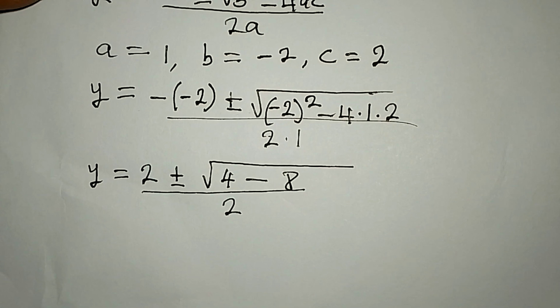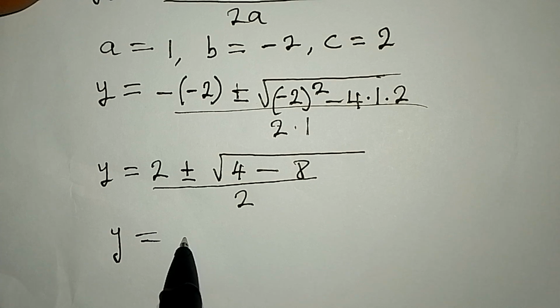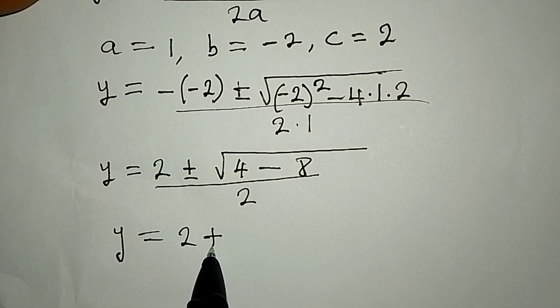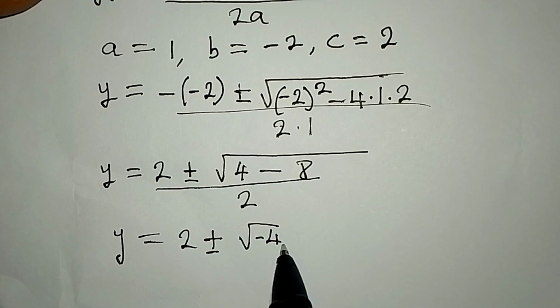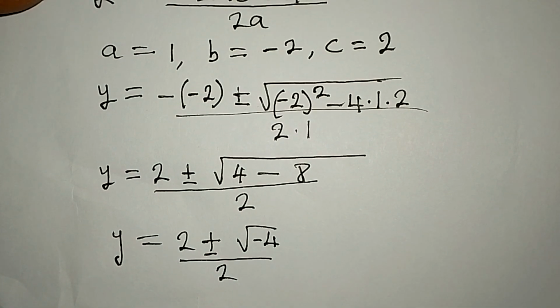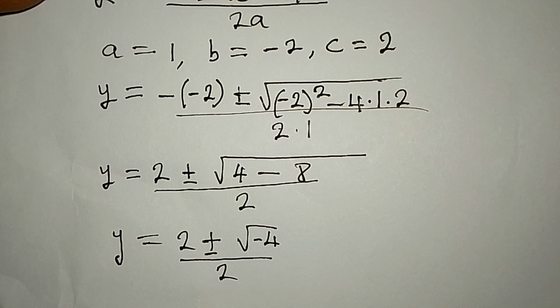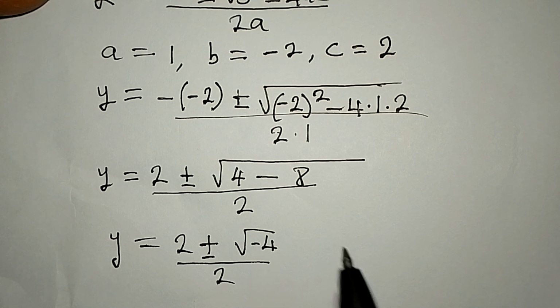To continue, y is equal to 2 plus or minus square root of negative 4, and this will now be over 2. How did I get negative 4? That is from 4 minus 8, which is minus 4, right?